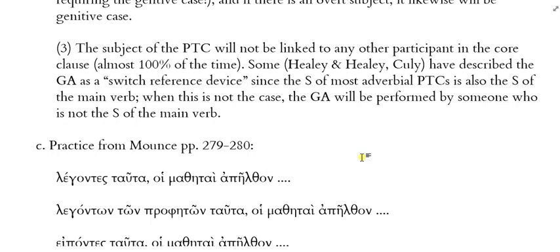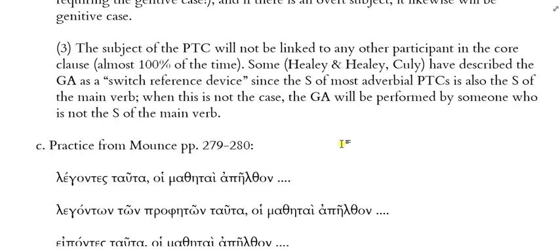All right? Some people have described the genitive absolute, and I'm abbreviating it with a GA here, as a switch reference device. Because in most of our adverbial participles, the subject of the participle is also the subject of the main clause. So in your homework, most of the adverbial participles you've seen have been in what case? They've been nominative case because the subject of the participle is also the subject of the main verb in the main clause.